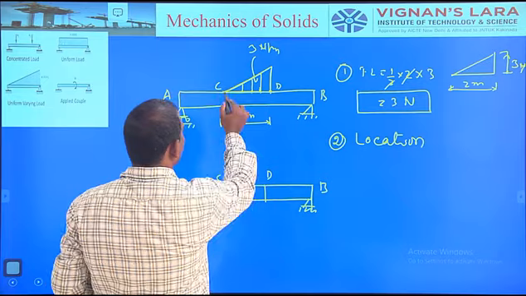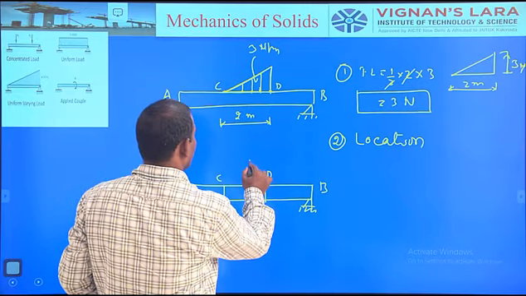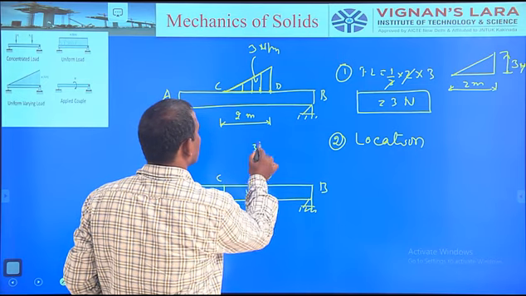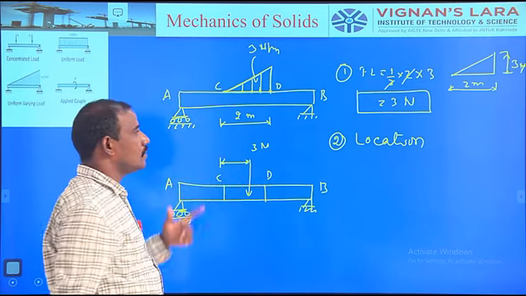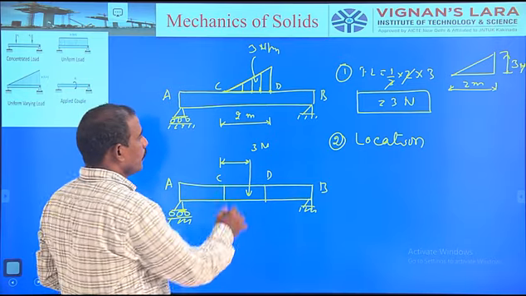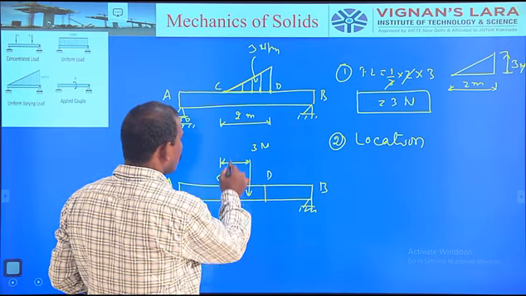If we measure from C, it is at a distance of 2/3 of the length over which the load is distributed. The uniformly varying load is distributed over a length of 2 meters only.